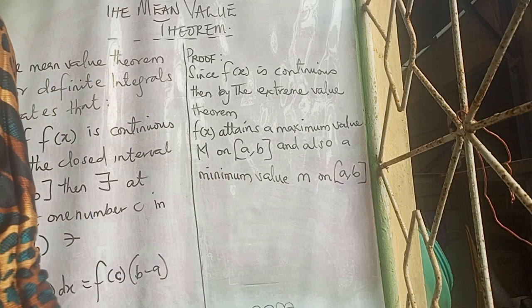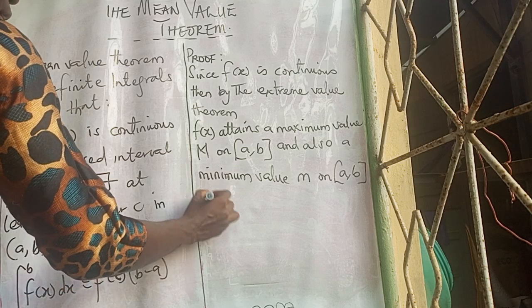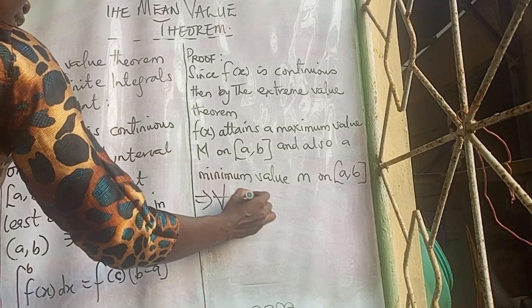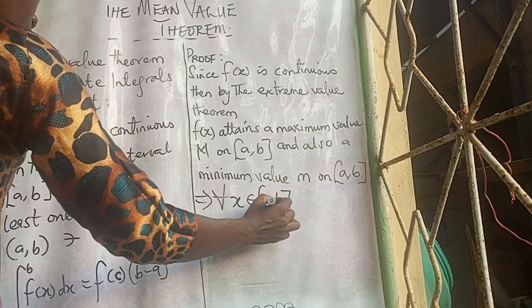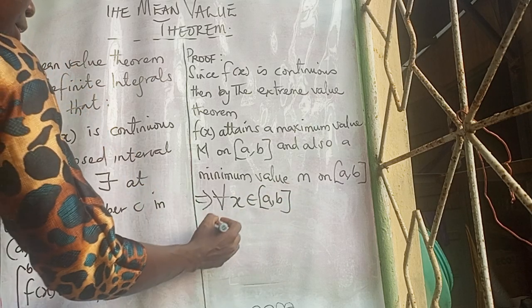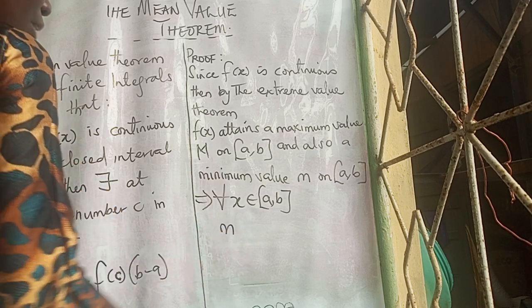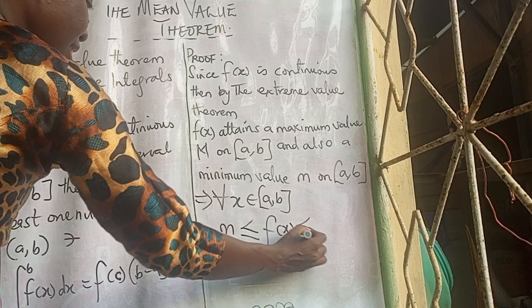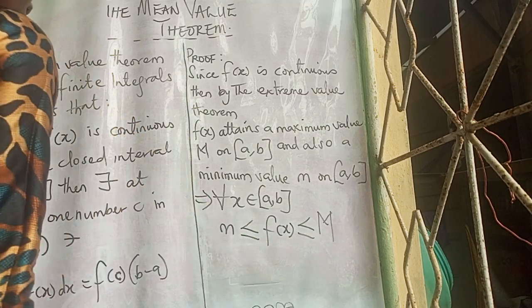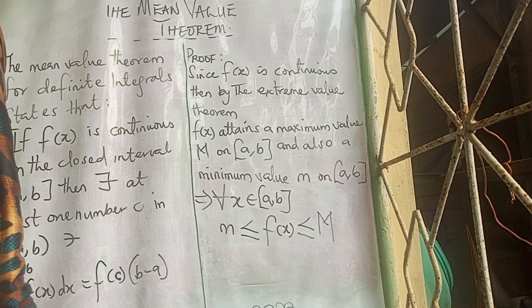What does that imply? That implies that for all x elements of [a, b], the minimum value will be less than or equal to f of x, and that is less than or equal to the maximum value.